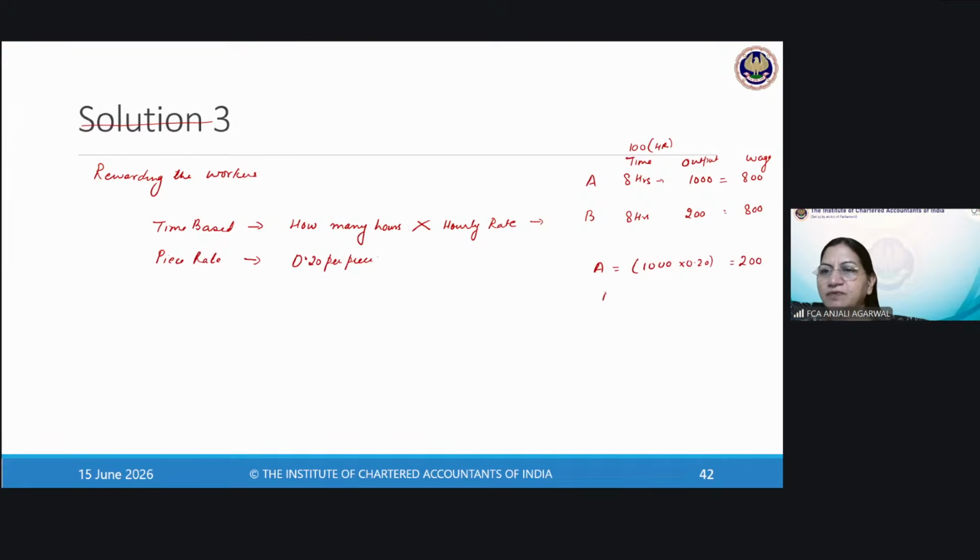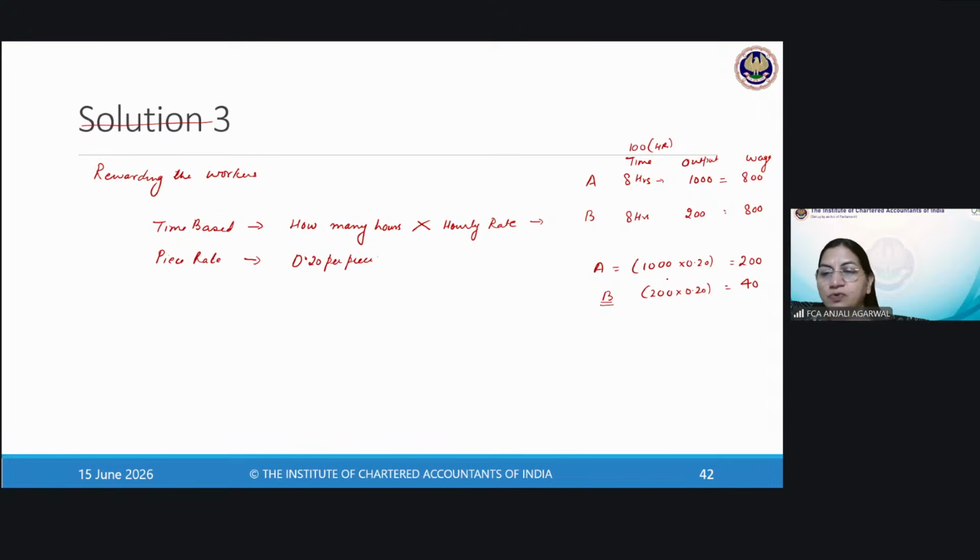And what worker B will get is only 200 into 20 paisa, that is only 40 rupees. So this will motivate worker B that if he really wants to work hard, earn something, he has to work hard.